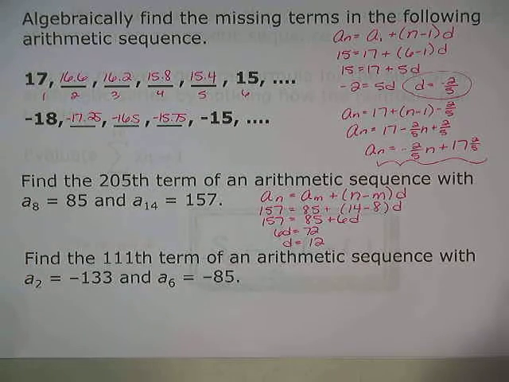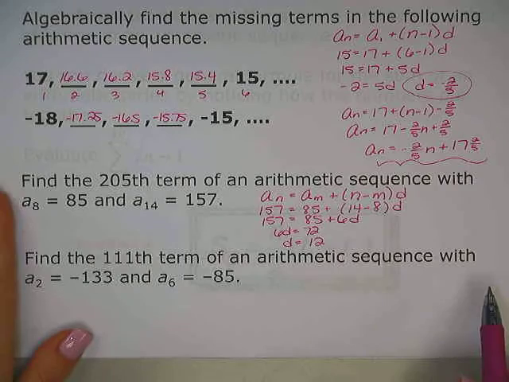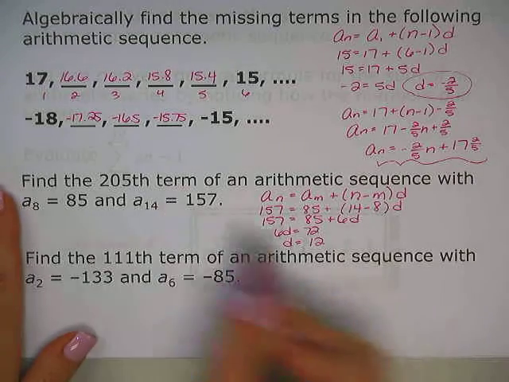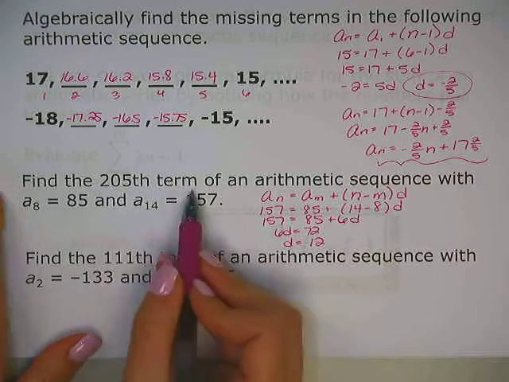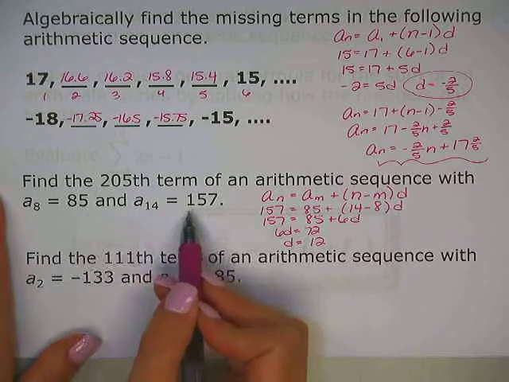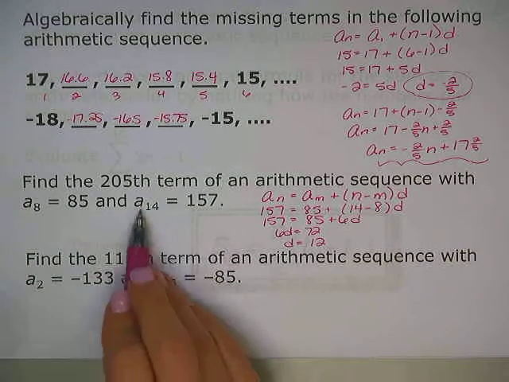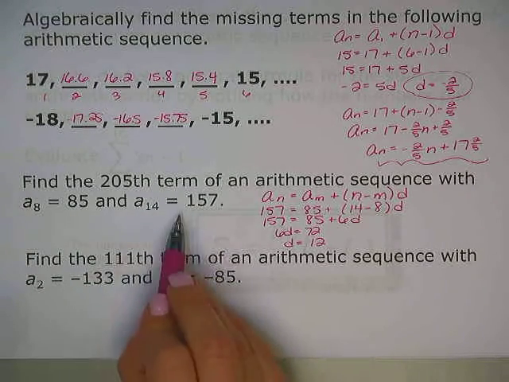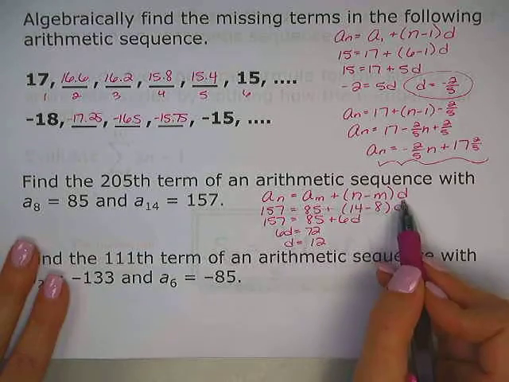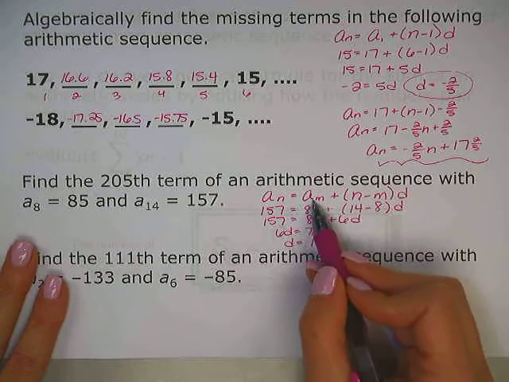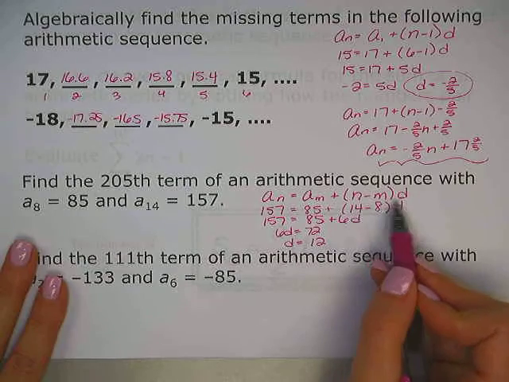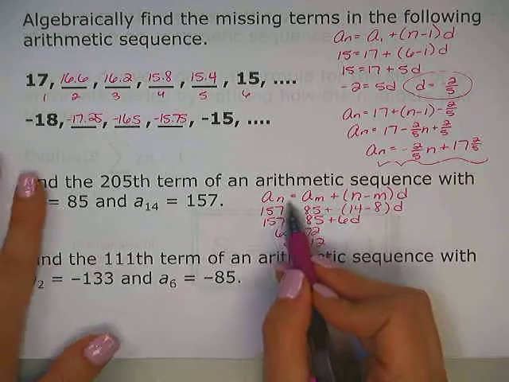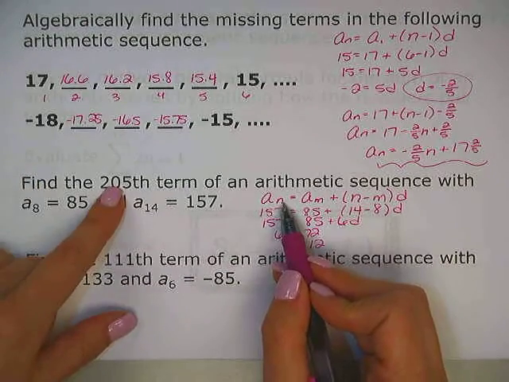So what I'm going to do is I'm now going to take what I'm solving for, the 205th term, and I can choose either one of these. Let's go ahead and choose the 157 here. So I'm going to go back to this formula again, A sub n equals A sub m plus n minus m times d, and I'm going to now solve for the 205th term.